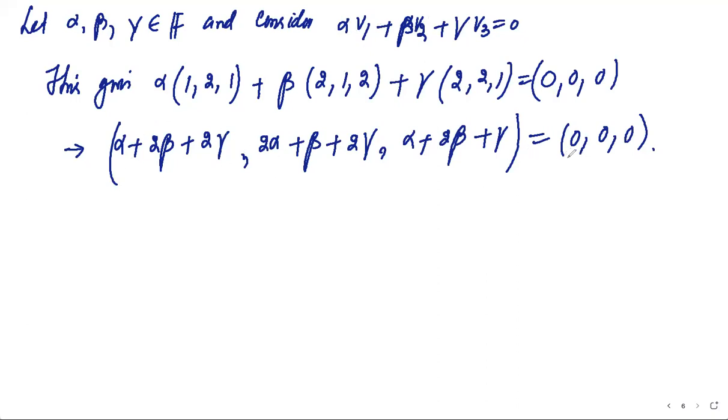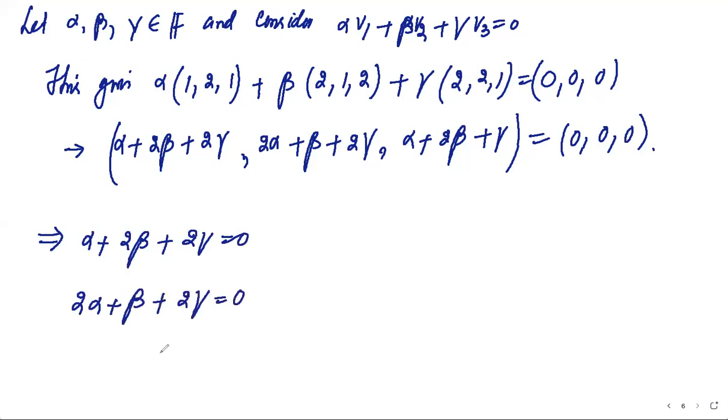Now comparing these two coordinate vectors, we know that two coordinate vectors are equal if and only if their corresponding coordinates are equal. So this equation implies alpha plus 2 beta plus 2 gamma is equal to 0, and second is 2 alpha plus beta plus 2 gamma is equal to 0, and the third one is alpha plus 2 beta plus gamma is equal to 0.